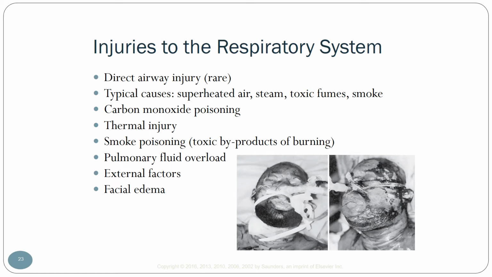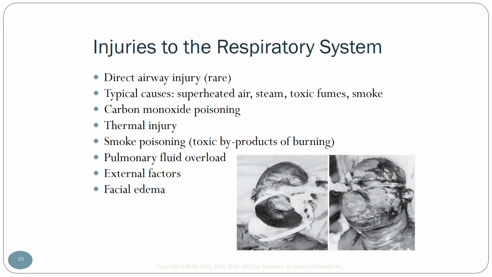It could also be from toxic fumes, so that's the chemical burning. And then smoke can cause respiratory damage. Carbon monoxide poisoning, we're going to go over. It could be thermal injury, which is basically superheated air or steam. Smoke poisoning goes back to those toxic fumes.